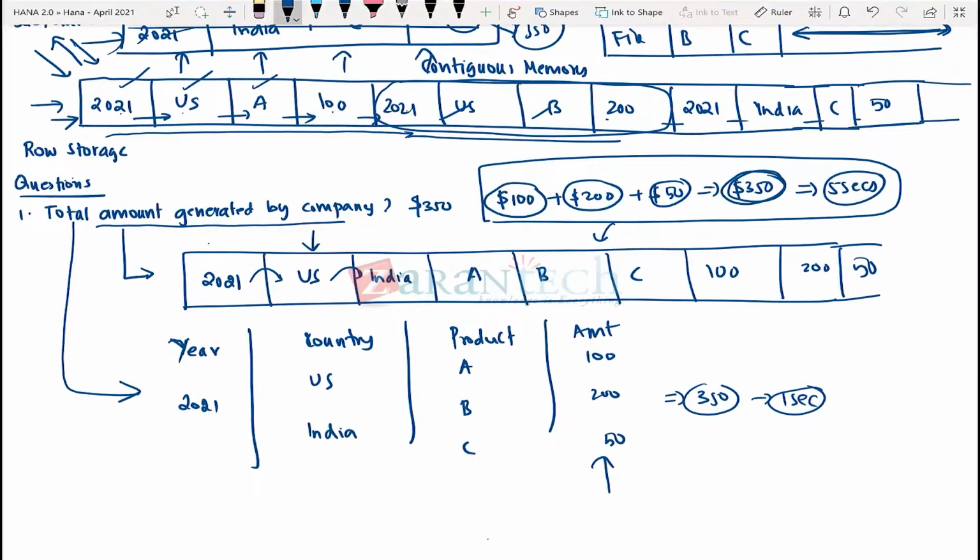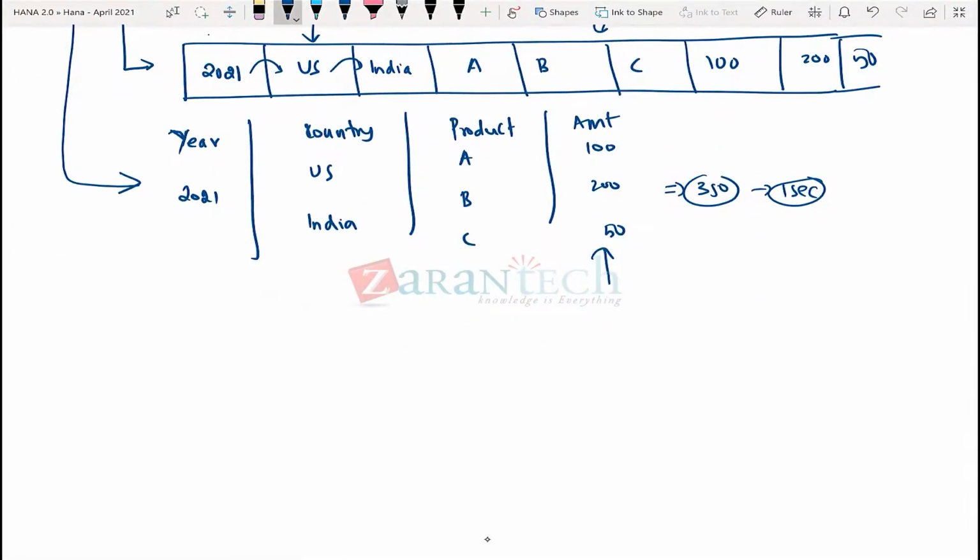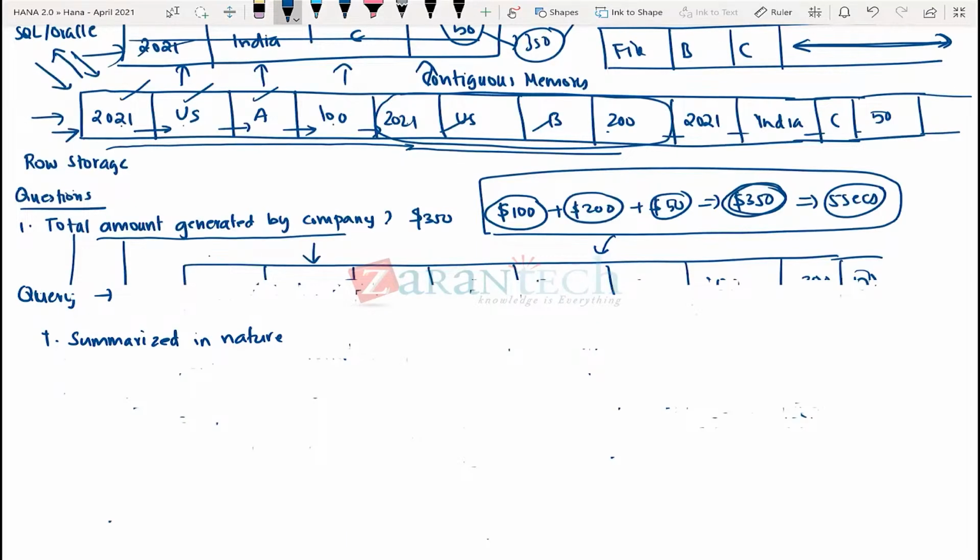So just to elaborate on this a little more, when the query that you have is summarized in nature, when the type of query that you're asking is asking for a summary type of question, let me go back to the table here.